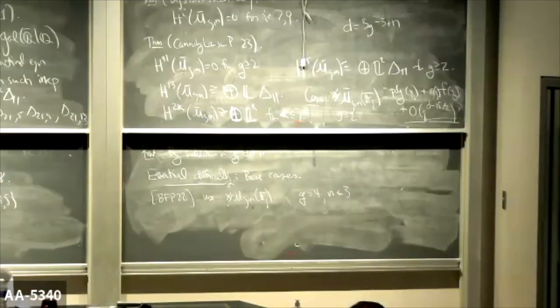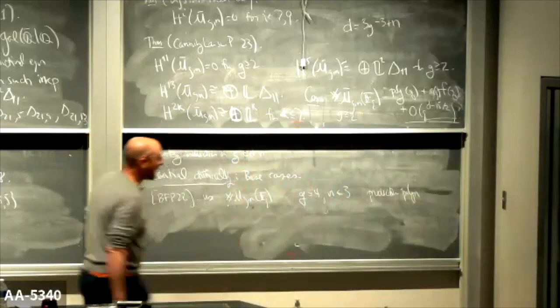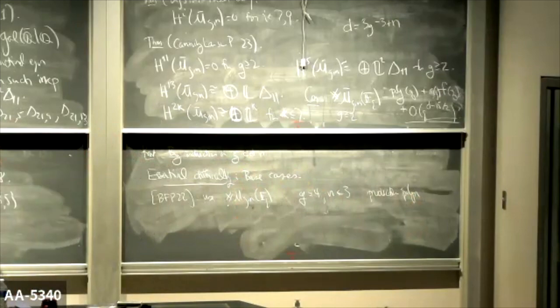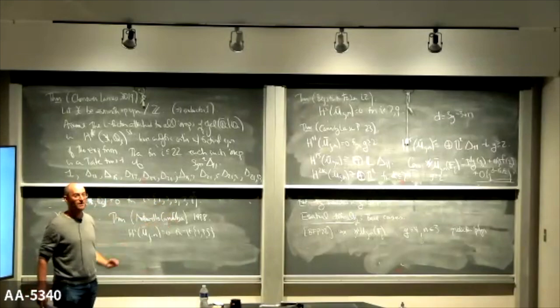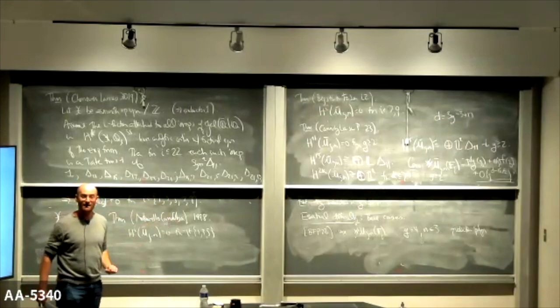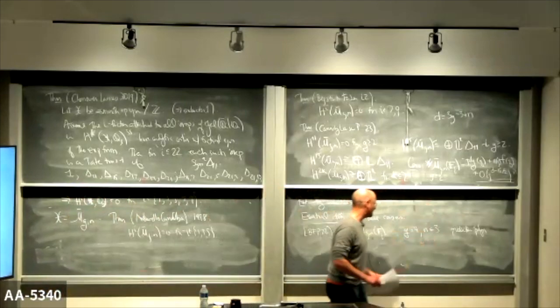The Chenevier-Lannes theorem predicts polynomial point count. M_{4,3} has dimension 12, so you might worry about delta 11, but we know delta 11 contributes to H^{11,0} and H^{0,11}. Any space that has delta 11 in its cohomology should have a holomorphic 11-form. But M_{4,3} we know is unirational, and unirational varieties don't have holomorphic forms. So there should be no delta 11, and therefore we should have polynomial point count.